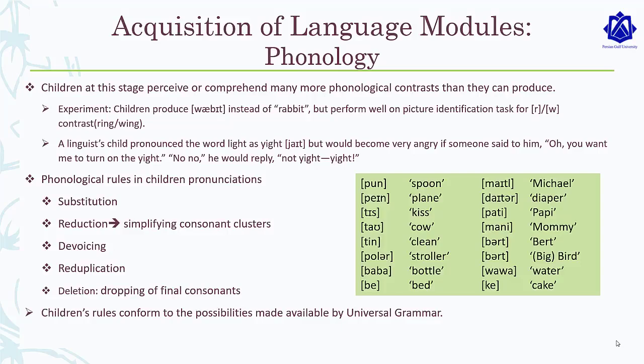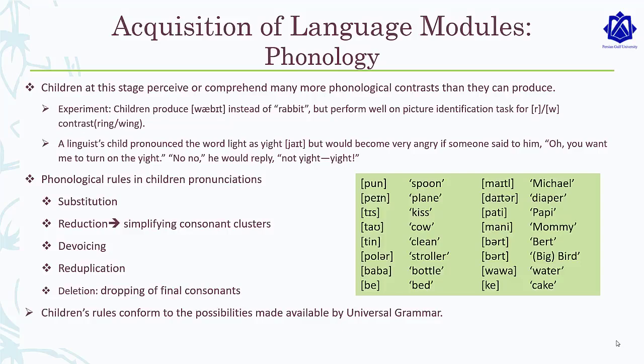In spoon, what do we have? We have a deletion of one of the sounds in the consonant cluster. That is, we have reduction: a consonant cluster, a sequence of two consonants, is reduced to one sound. That's the same for plane, where the consonant cluster is reduced and simplified. And kiss, tis, cow, tow, what do we have? We have substitution.